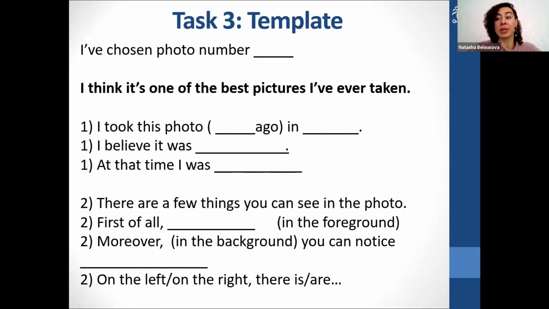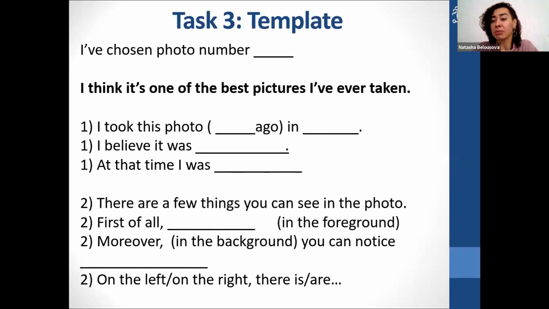When I start speaking, I'm nervous and I can't control myself. And here in this template, you can see how it could be done. So when and where, the first point, I'm going to answer Irina's question in a second. I took this photo, let's say 1 year ago, 3 months ago, and it could be a place, in my friend's house, whatever.